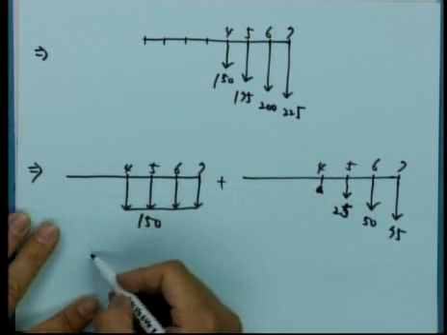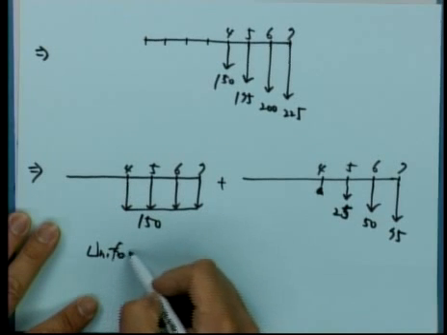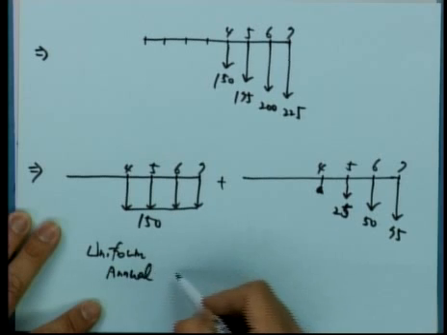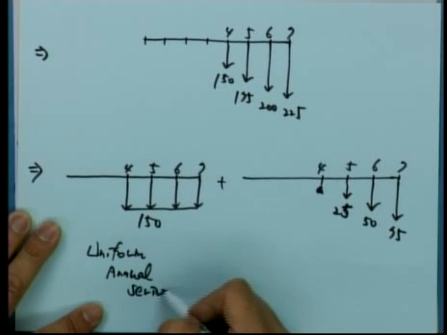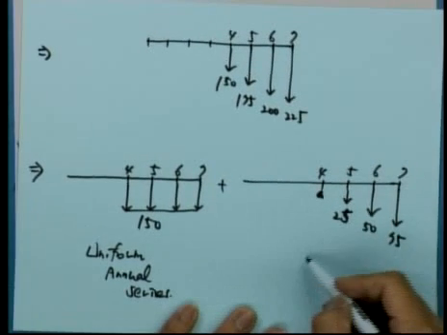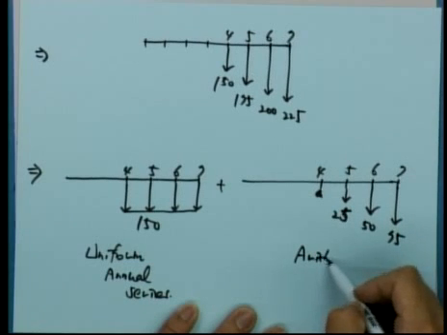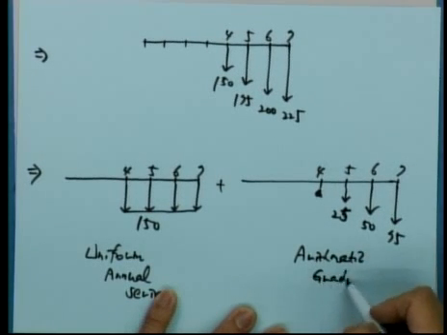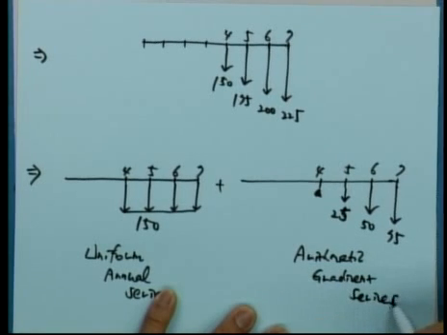So obviously this is the uniform annual series, and this is the arithmetic gradient series. Okay.